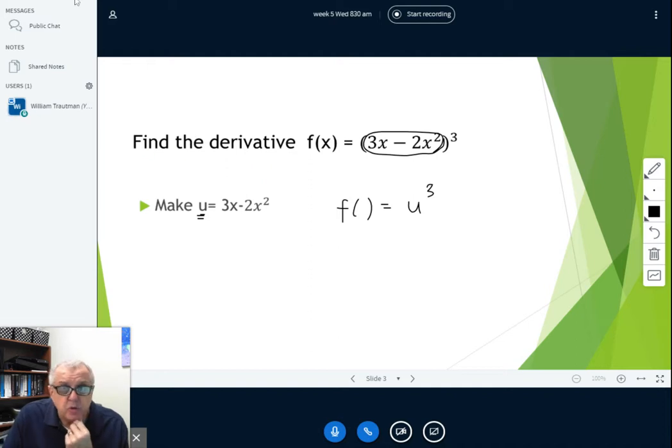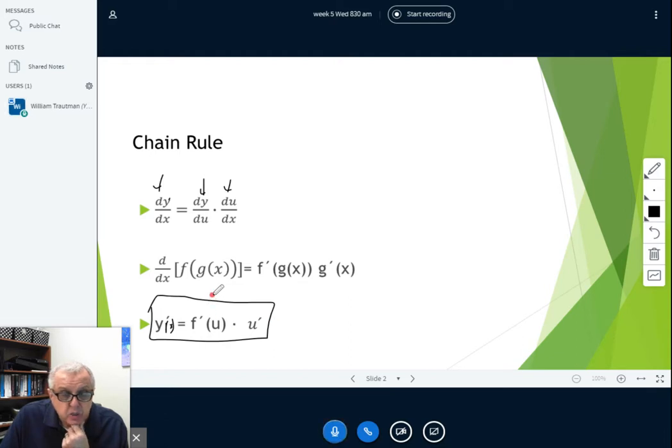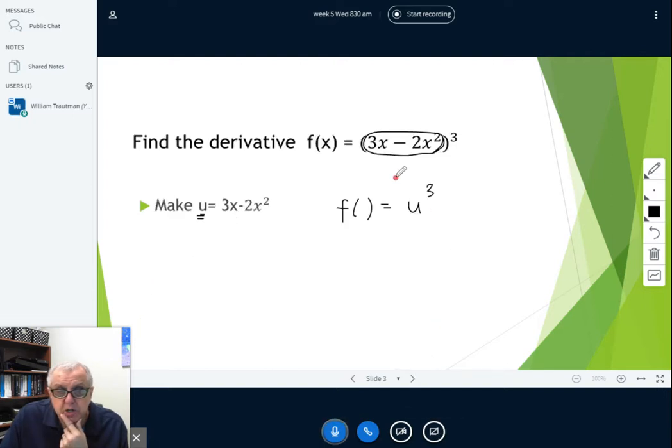Remember our formula. I'm going to go back one slide. We're going to take the derivative with respect to u if we can change something to u, but then we have to take the derivative of u. So first I'm going to take the derivative of this new u function, and then I'm going to take the derivative of u.